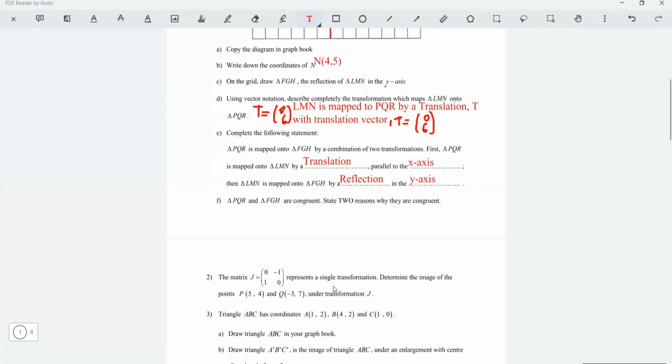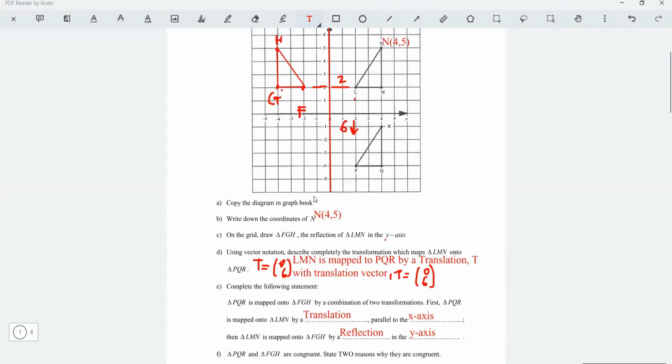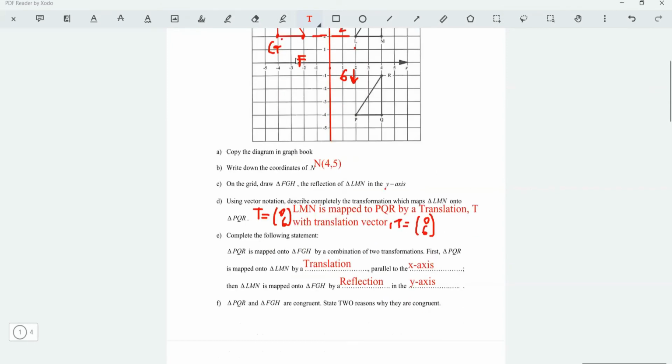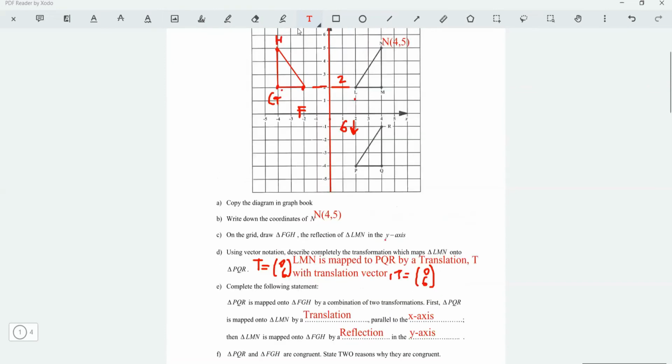Then it says triangle PQR and triangle FGH are congruent. State two reasons why. They are congruent because the two of them have the same area. If you were to work out the area of this triangle, A1 would be half base times height.